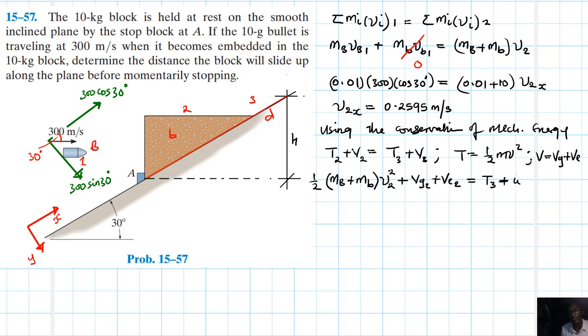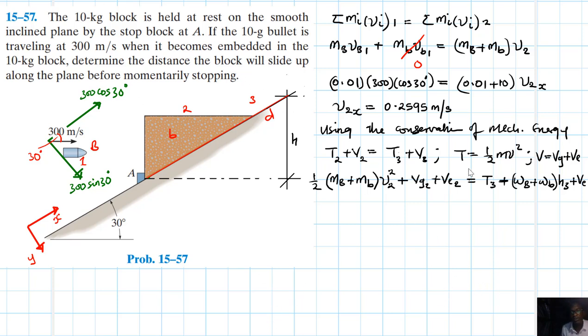I've acquired some height, so this just becomes (W_b + W_B) times h_3, plus V_e.